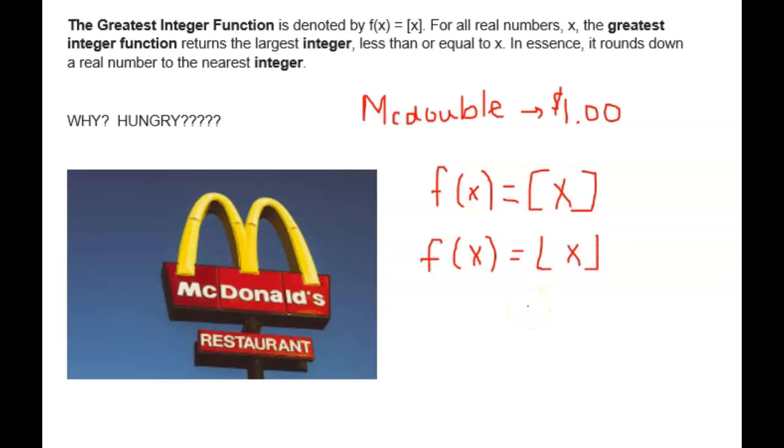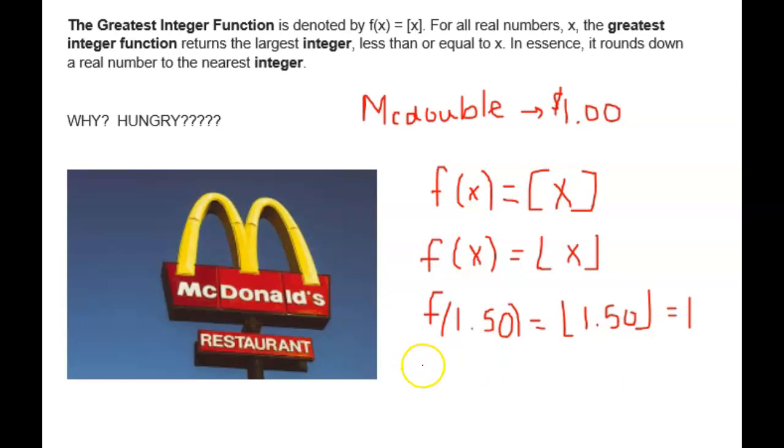So when I see this, I am going to say, what is the greatest integer of the $1.50 that I have in my pocket? Rounding down, I can only get one McDouble, right?